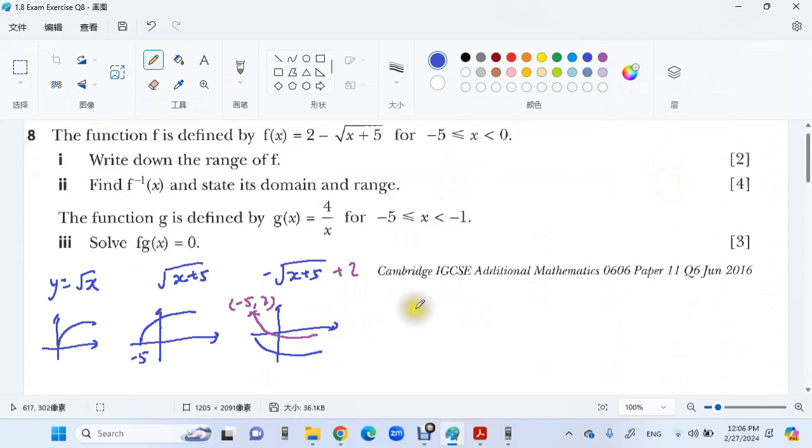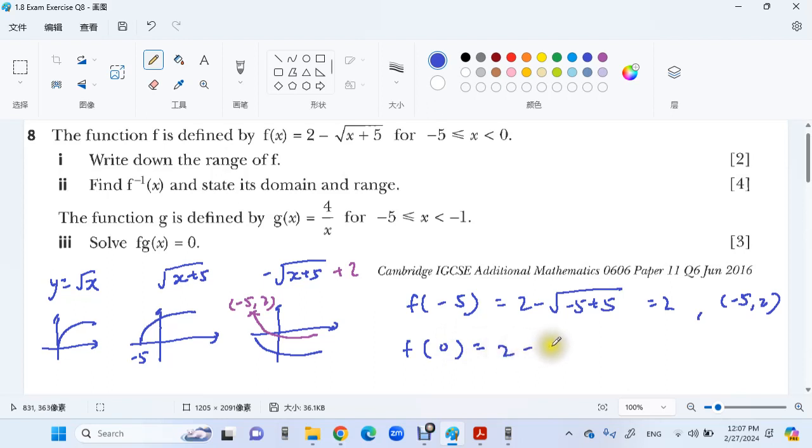And we know that f of -5 will be 2 minus square root of -5 plus 5, then it is 2. So we have the -5, 2 here. And we have f of 0, that is 2 minus square root of 0 plus 5, then it is 2 minus square root 5.